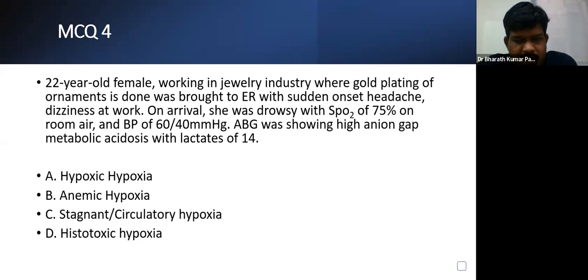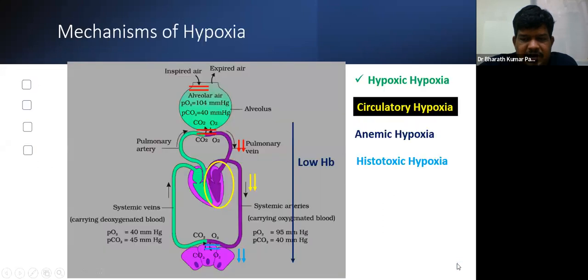I can see 1D. Yeah, 2 Ds. Any other answers? Yes, the answer is histotoxic hypoxia. The clue here is the female working in the gold plating industry. In gold plating, they usually use substances like cyanide as a solution to apply the gold plating to the ornaments.